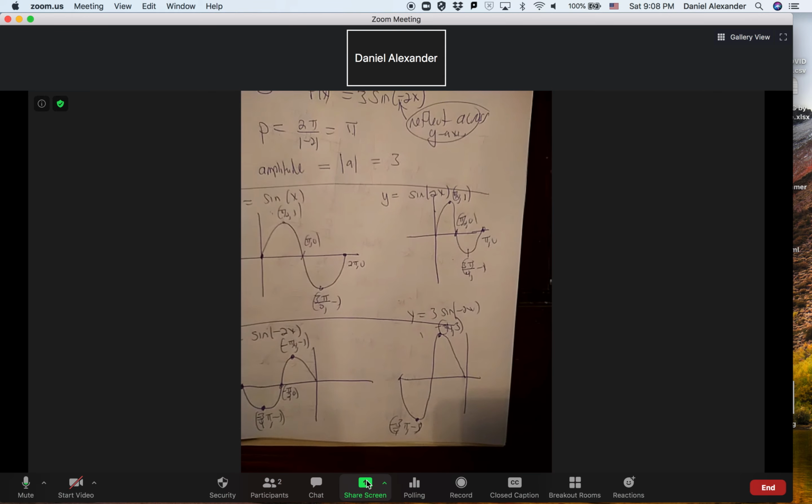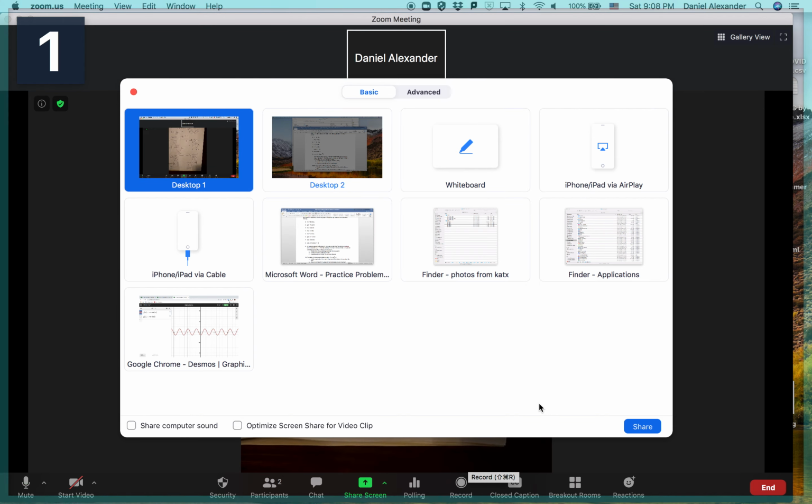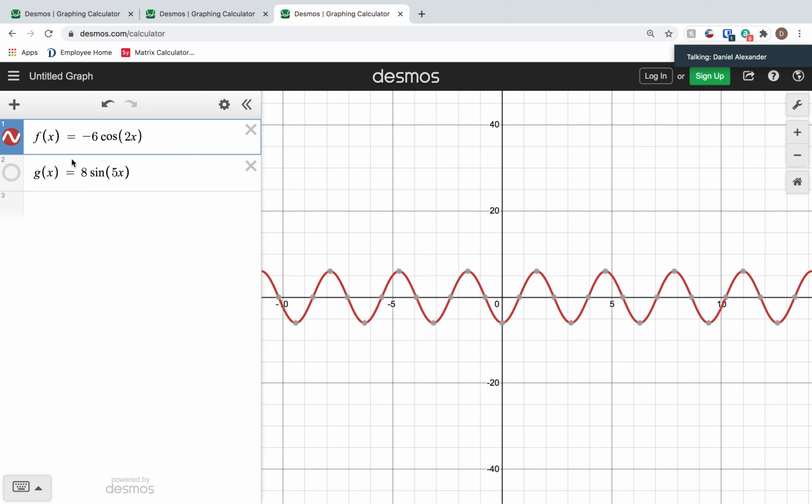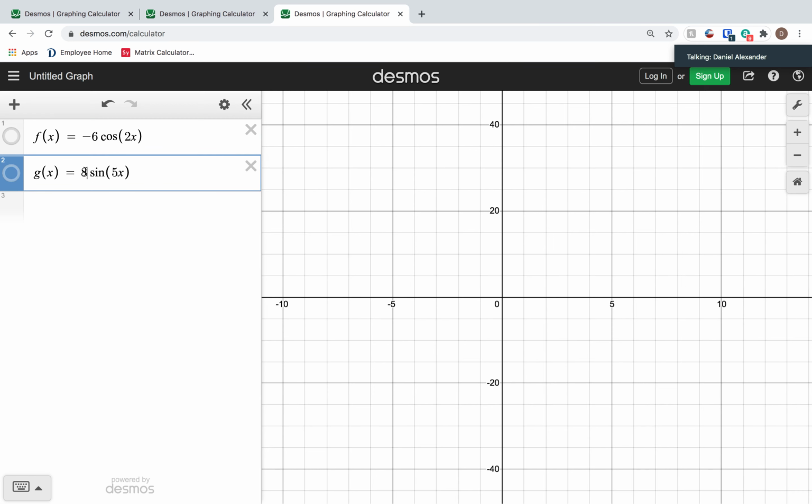Let's check against Desmos. So we'll go back. Okay, so we're going to use the sine function. I'm just going to go to minus 2x. Going to make the graph here.